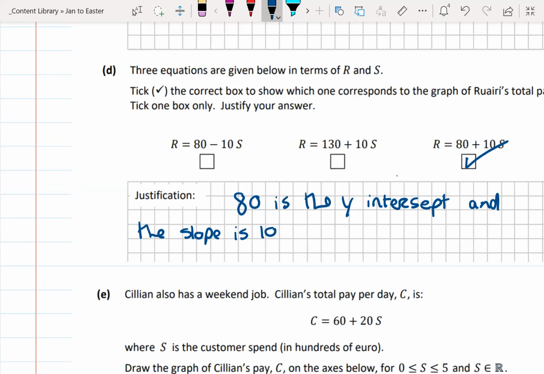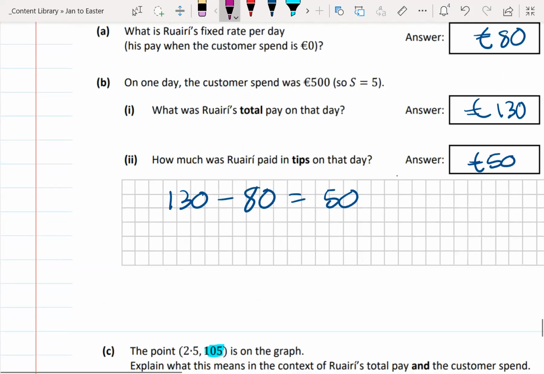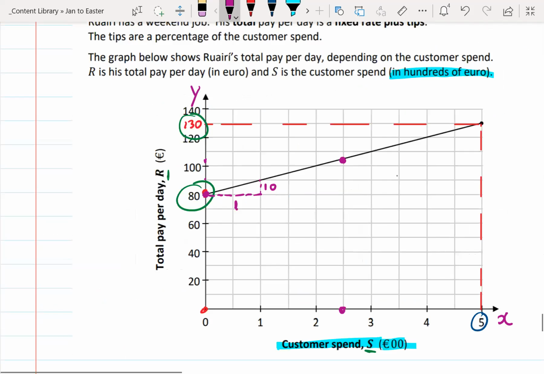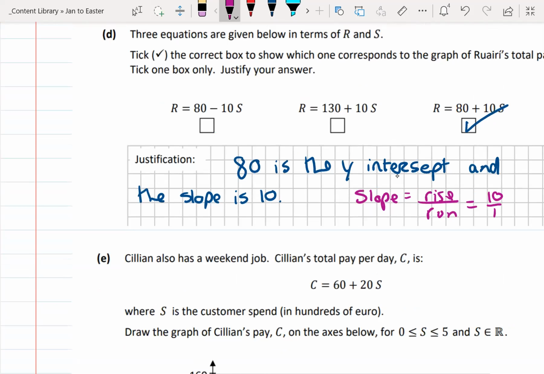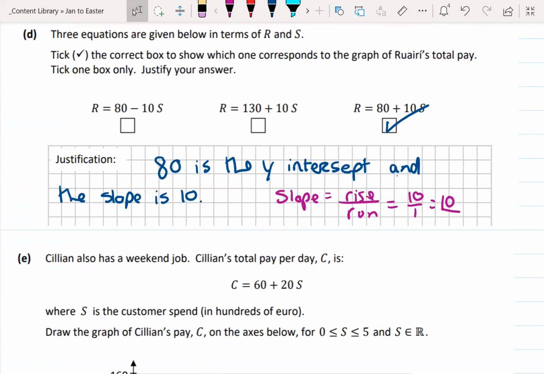Slope equals rise over run. If we go back up to the purple on the graph, the rise was 10, the run was 1. So 10 over 1, which is 10. So that's our slope. You can put it into your own words, but something like that will do.